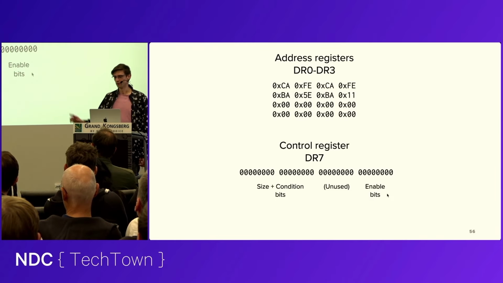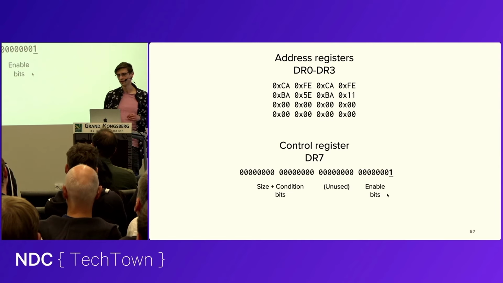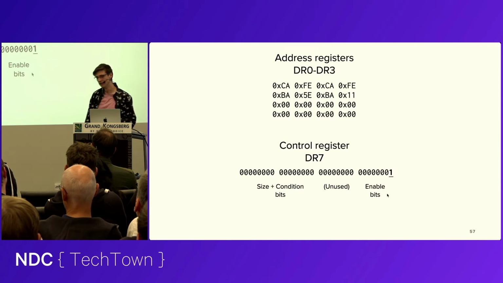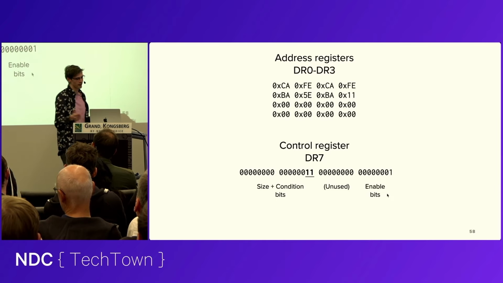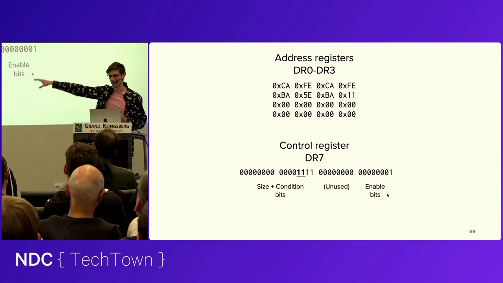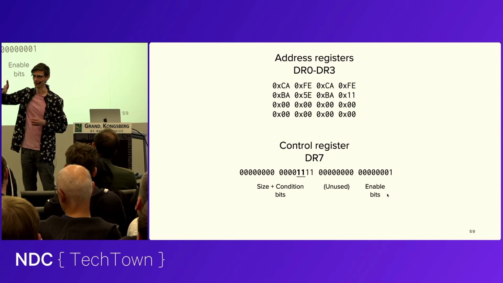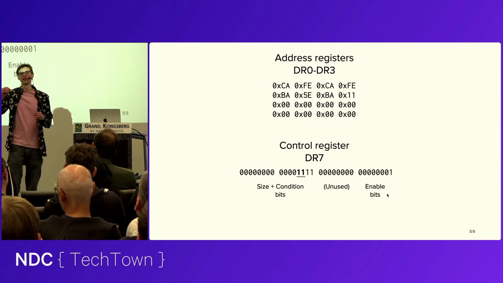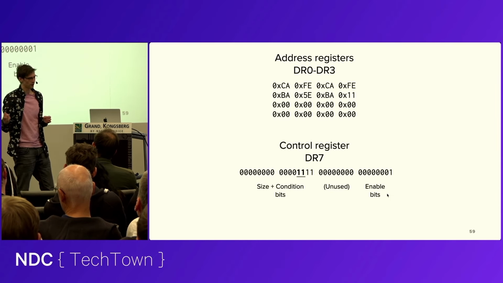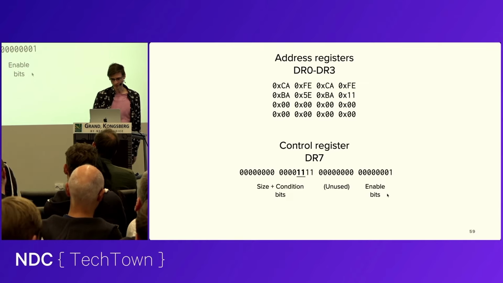So say we want to enable the cafe breakpoint, we would write 1 into the least significant bit here. We'd write maybe a 1 into our condition, which says read and write, and maybe a 1 into our size, which is watch the 4 bytes from this address. So if any of the 4 bytes from cafe are written to or read from, then we get an interrupt and we hit a breakpoint.